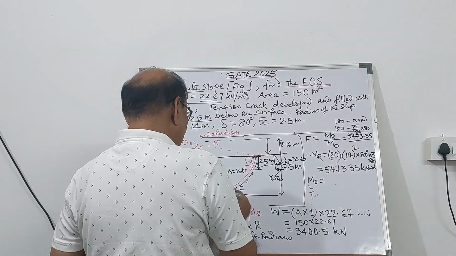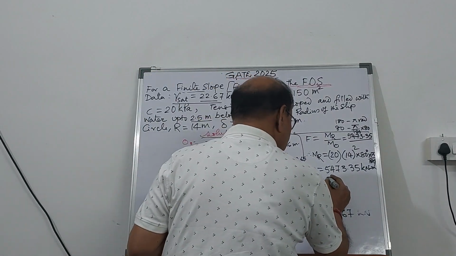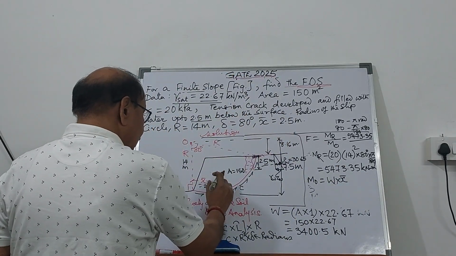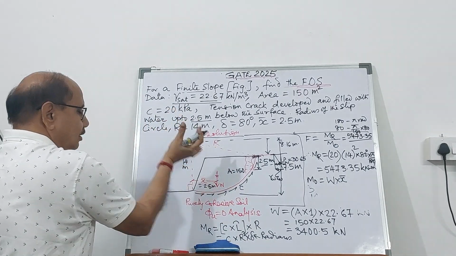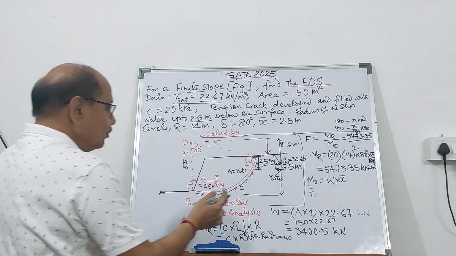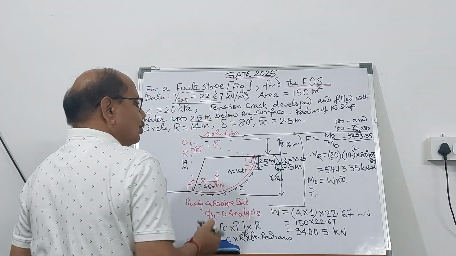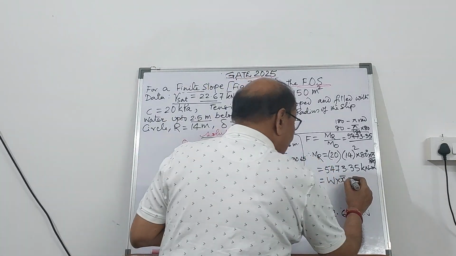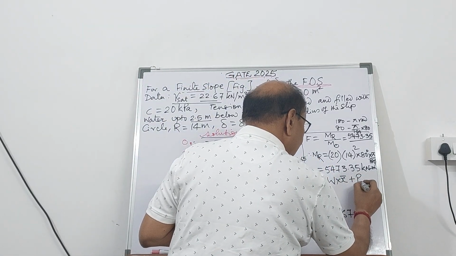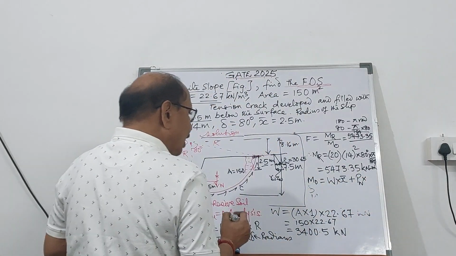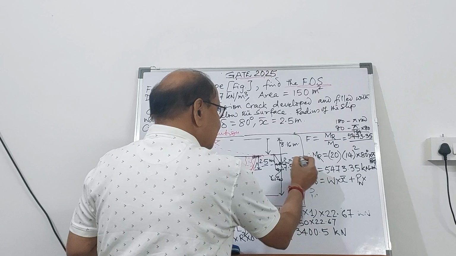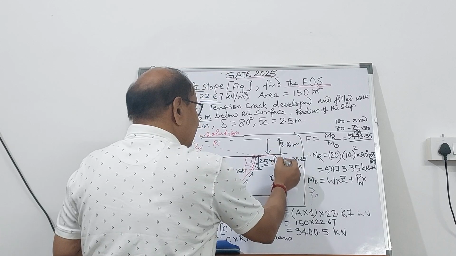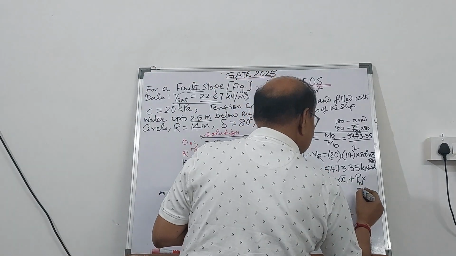So what will be the overturning moment? W into x bar. So this will try to overturn the whole system. Now there is an additional force, PW. So this will also contribute to the overturning moment about O. So PW, in the tension crack, there is water, and that force is 30.65 kilonewton multiplied by this distance, 8.16 meter.